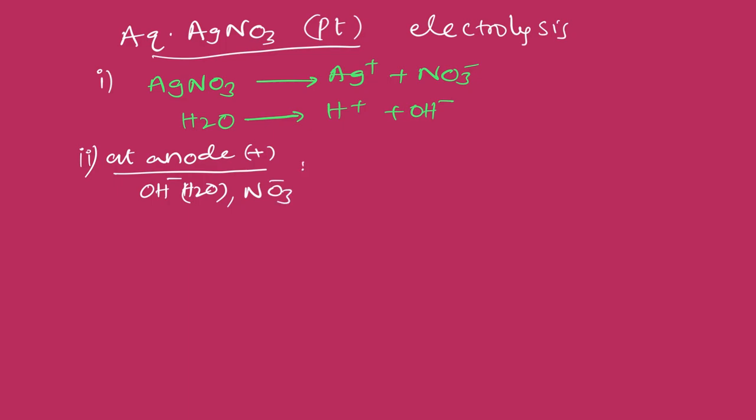So now I am taking the first one, water, then NO3 minus. NO3 minus converts into, there is no product. Reason, nitrogen is already in the plus 5 oxidation state, nitrogen's valence electrons are 5, further there is no oxidation, therefore this reaction does not take place.